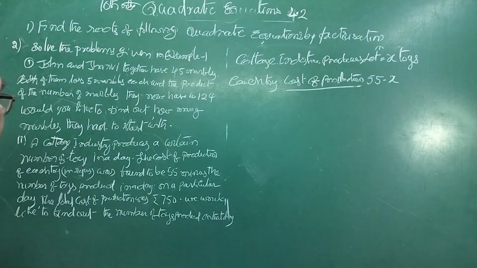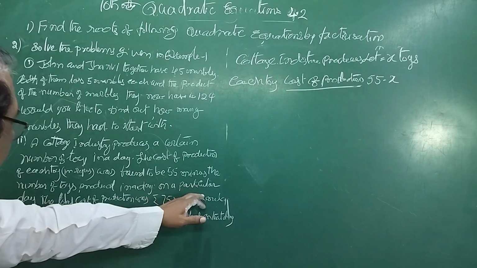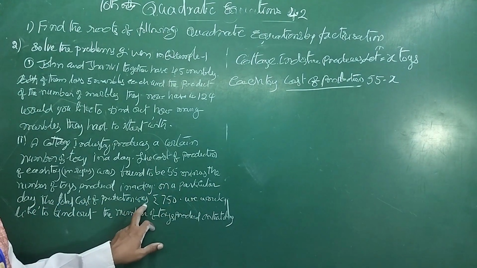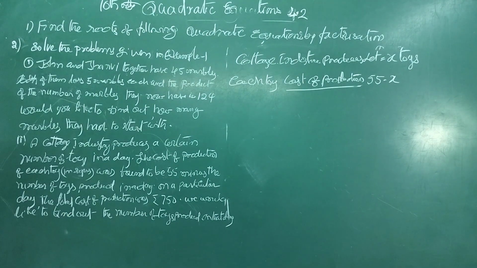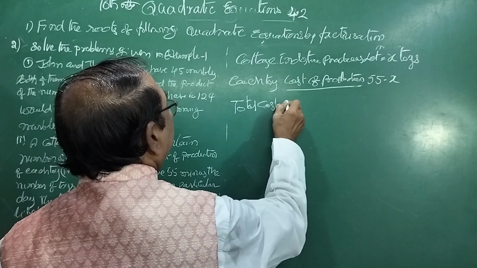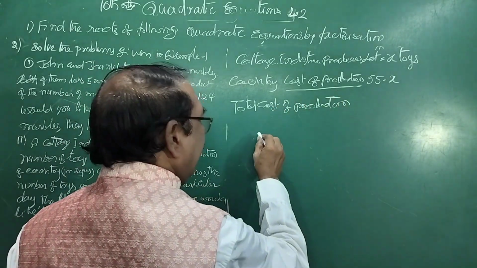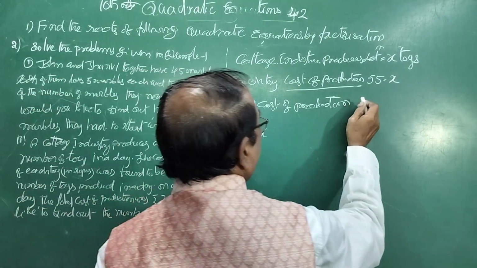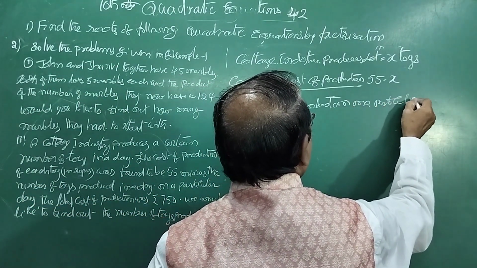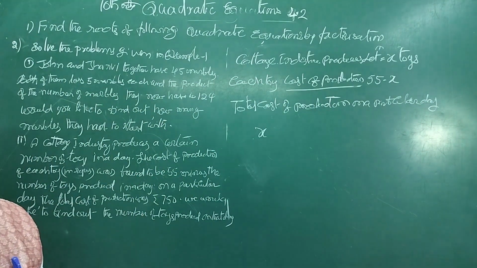But further, what did he ask? On a particular day, the total cost of production each day. The total cost of production, what is it? The number of toys on a particular day, daily X number of toys producing.